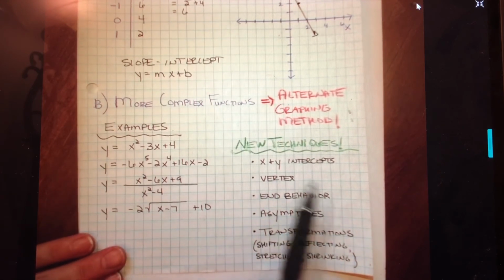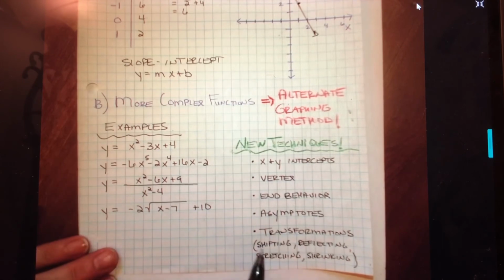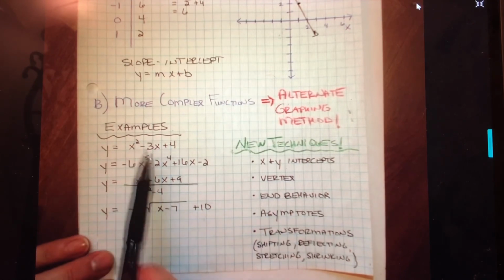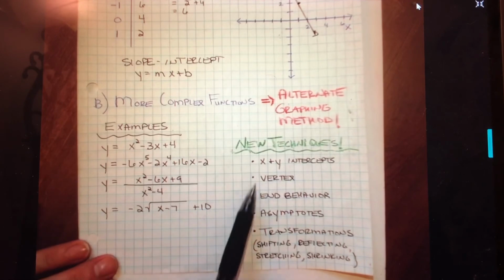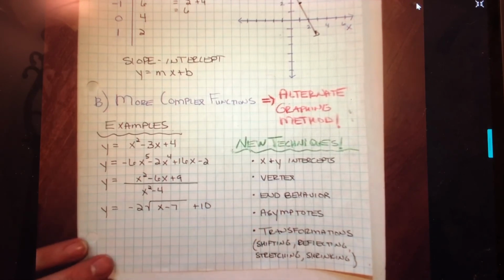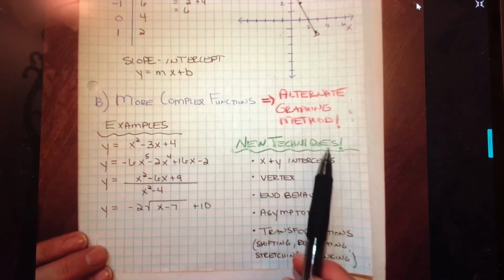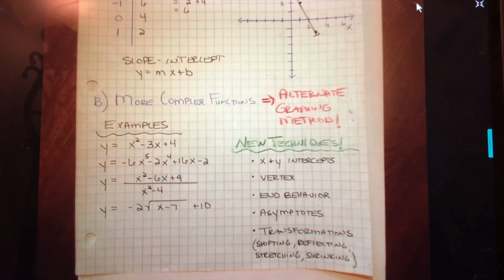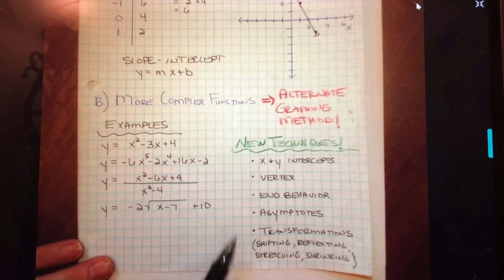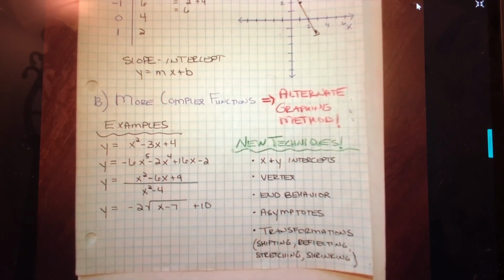This all may sound new right now, but as you progress through this course and you learn how to graph these different types of functions, these terms will become very familiar to you and much appreciated, again, as you learn an alternate graphing method that takes you away from point plotting and allows your graphing experience to be much more efficient and accurate.